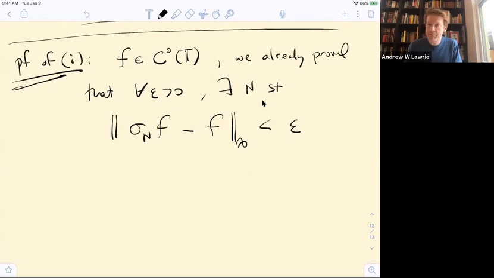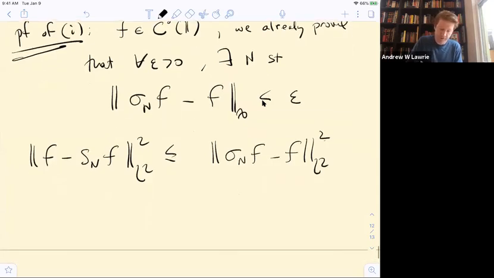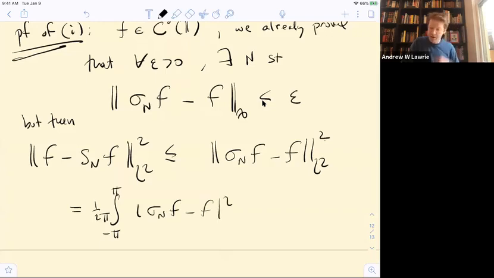But then now just apply the best approximation lemma. The norm of f minus S_N f is less than or equal to the norm of f minus sigma_N f, which is less than or equal to just the sup, since this is only an interval of length 2 pi, this is less than or equal to the sup norm of f minus sigma_N f squared, which is less than epsilon.